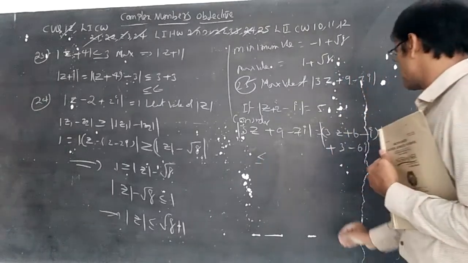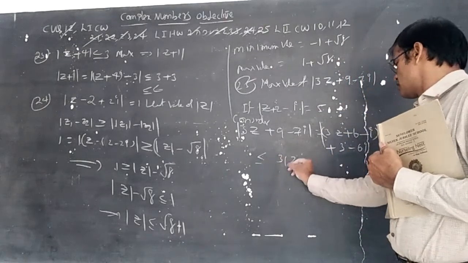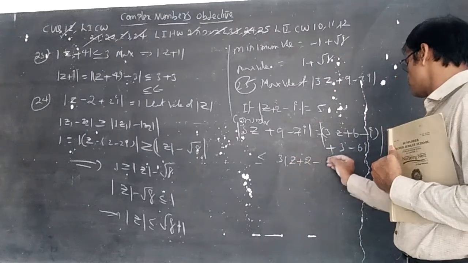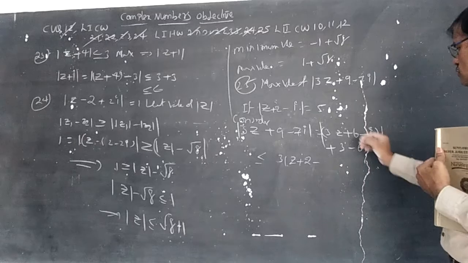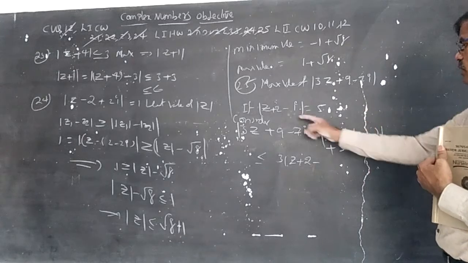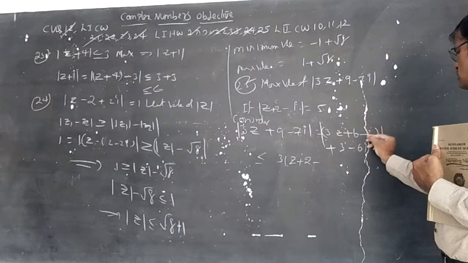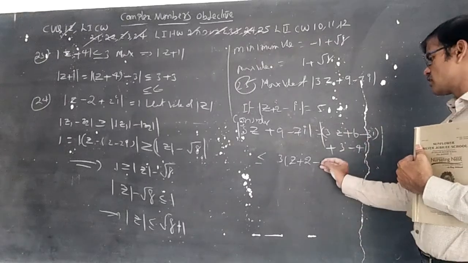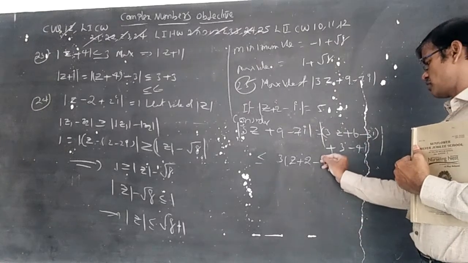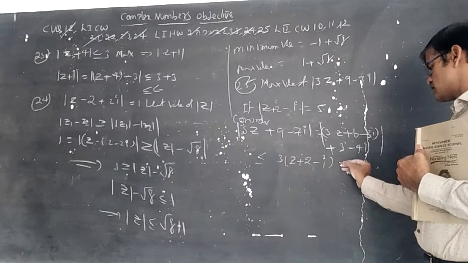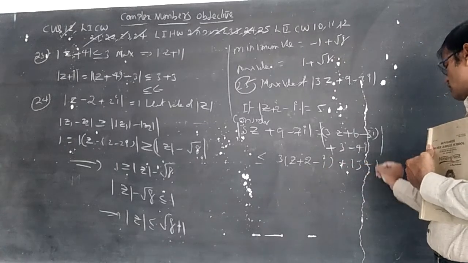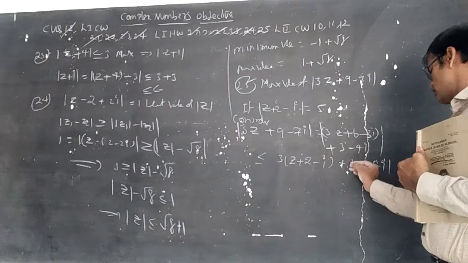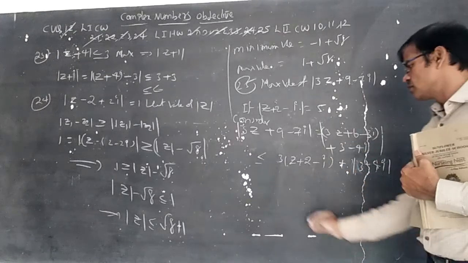This is less than or equal to, taking 3 common in these terms, 3 into modulus of z plus 2 minus i, plus separately modulus of 3 minus 4i.